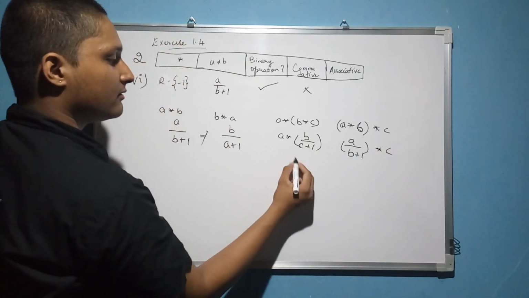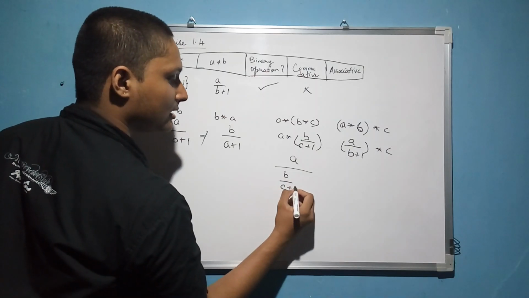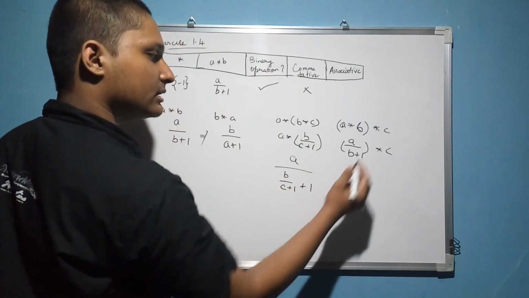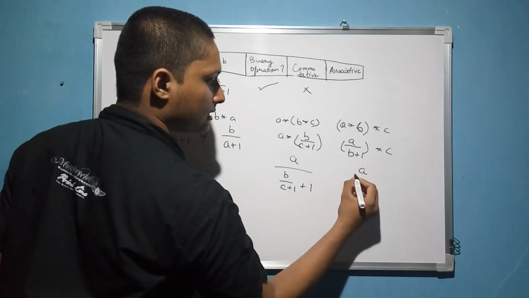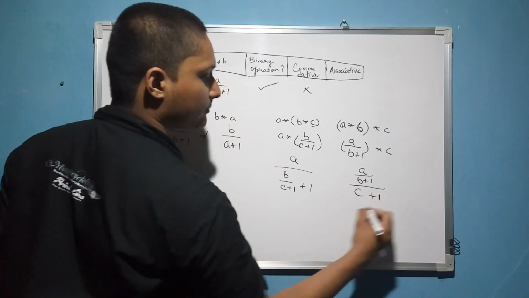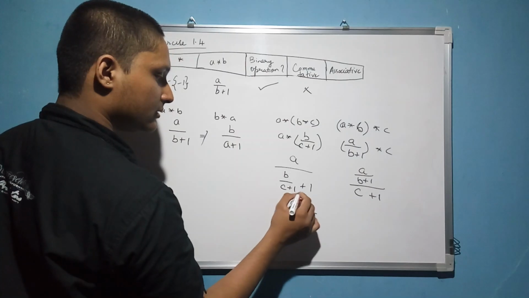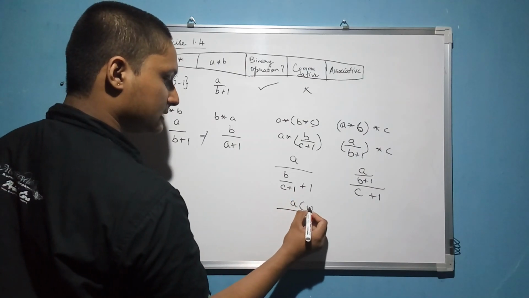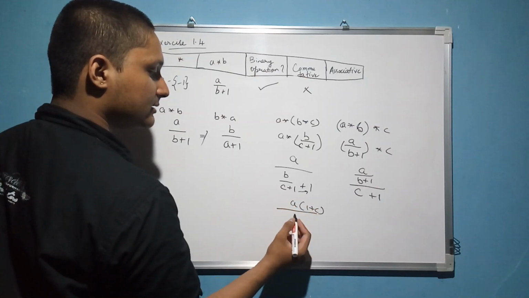Then again, first divided by second plus 1. Here also the first is this one divided by second plus 1. Here you have a by, you are going to take here, and a becomes 1 plus c, and this is the LCM, right?